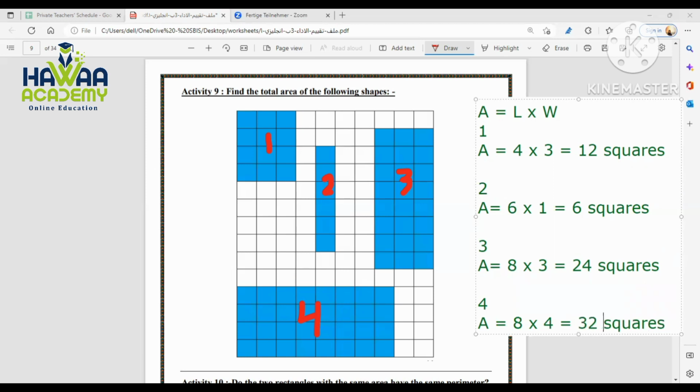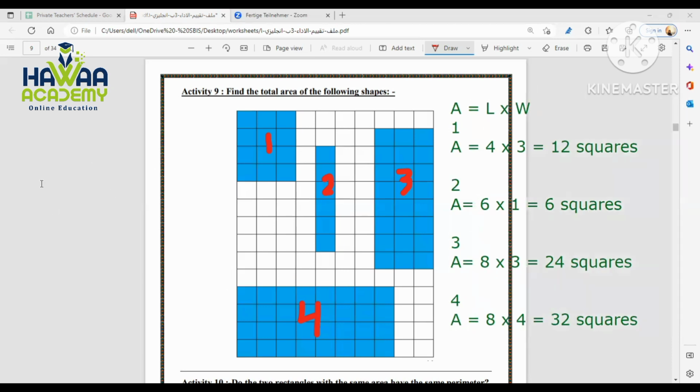So it's 32 squares. Is that it? No, I need to add them all. So I have 12 plus 6 plus 24 plus 32.